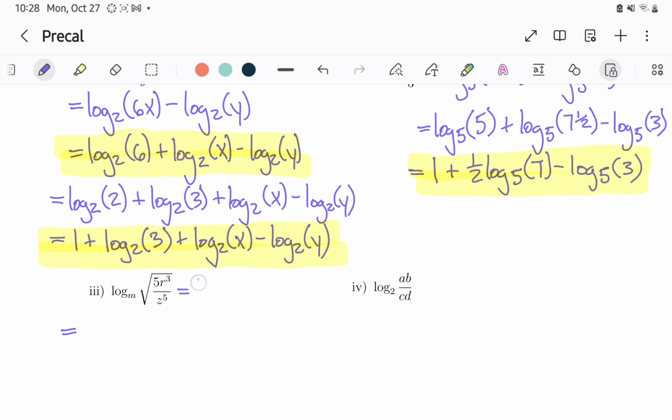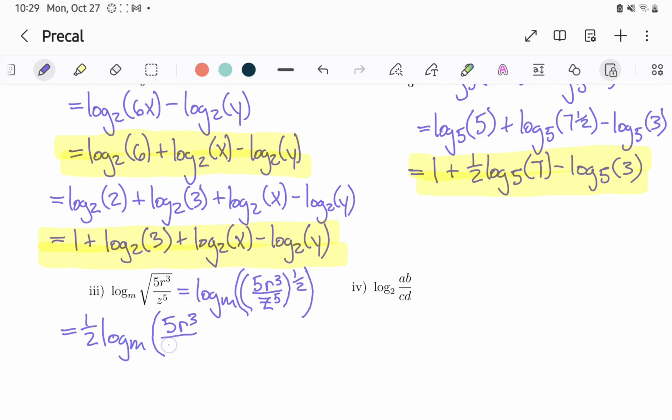So we can say that this is equal to log base m of 5r cubed over z to the 5, all to the 1/2. Then we can use the power property to say that this is equal to 1/2 times log base m of 5r cubed over z to the 5.